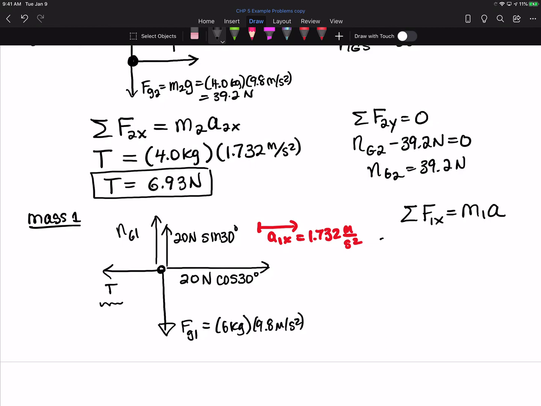So this would be 20 newtons times the cosine of 30 degrees minus the tension would have to be the mass, which is 6 kilograms, times the acceleration. And I don't have room to write the units. There we go. I did not actually work out the numbers here, but I should get exactly the same number, and that's something that you could check.